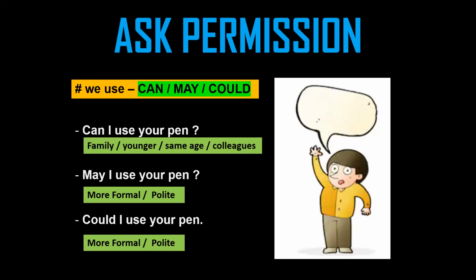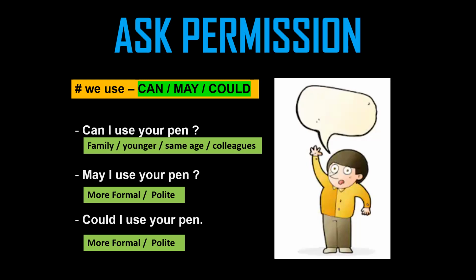Informal मतलब होता है जब आप अपने छोटों से बात कर रहे हो. When you talk about your same age group, your kids, your siblings, जहां पर कोई formality नहीं होती, then for asking the permission you have to use can.